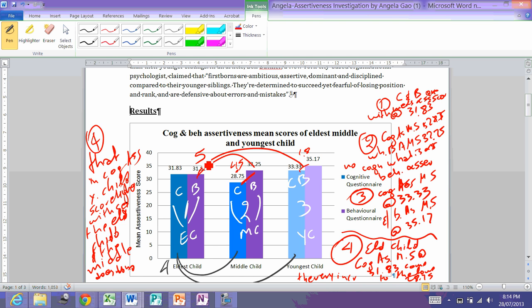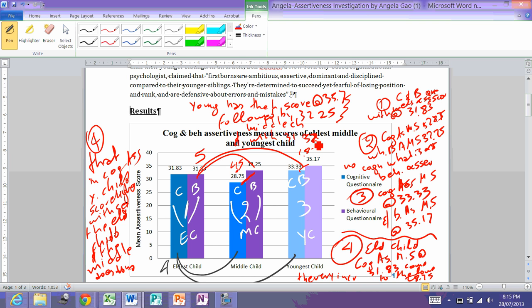With regards to the behavior assertiveness questionnaire, the youngest child again has the highest mean score at 35.17, followed by 32.25, a significant difference of 3.5 points with the middle child, and with the 31.83 of the eldest child, even more difference.